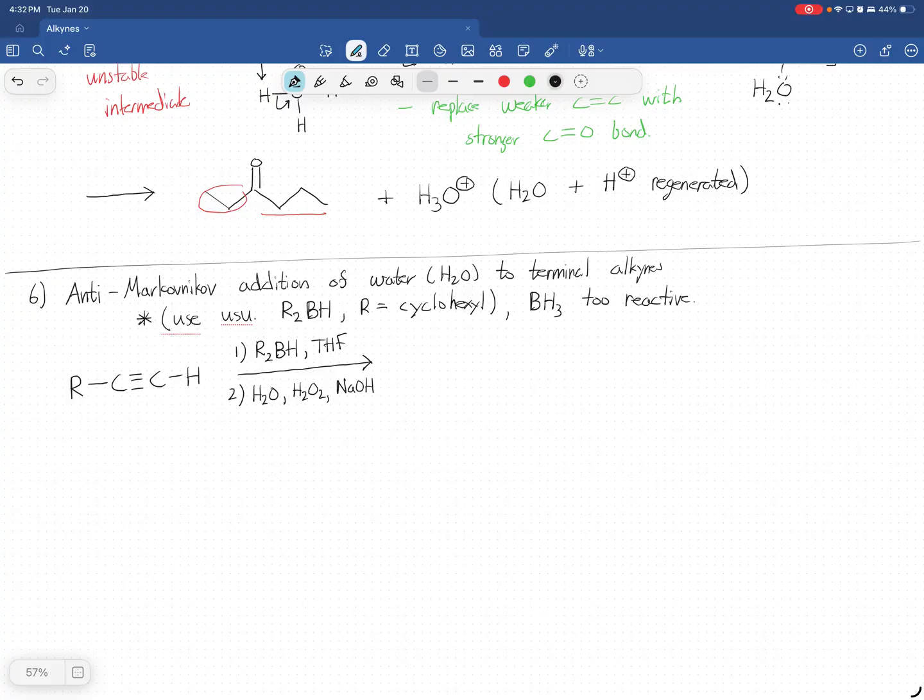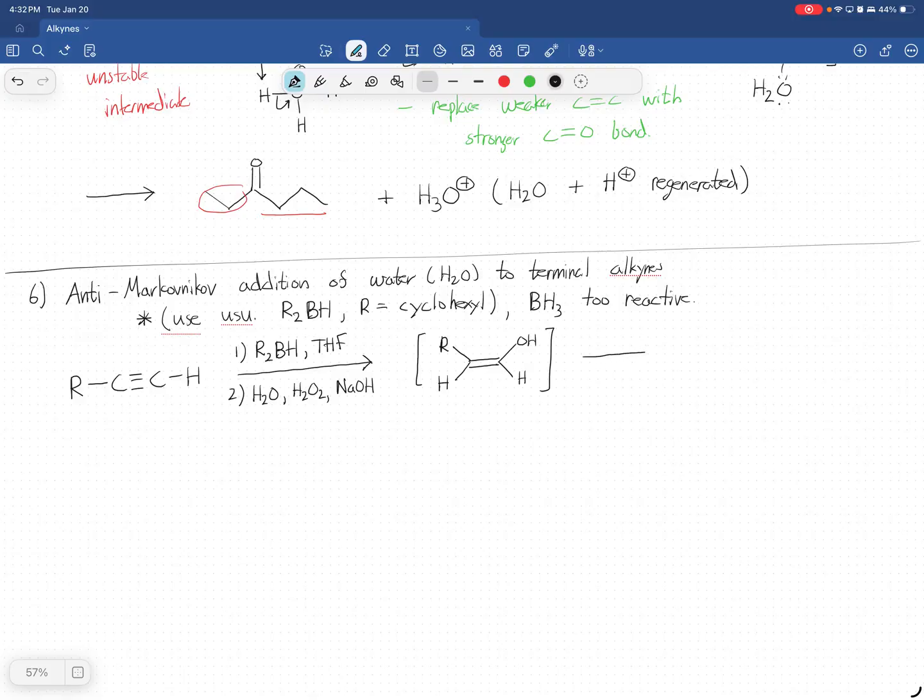What's important here is that it goes first through this intermediate. It's a very similar intermediate to what we saw in the previous reaction, OH, H, but compared to the other reaction, the OH now is on the less substituted carbon atom, the carbon atom without the R group.